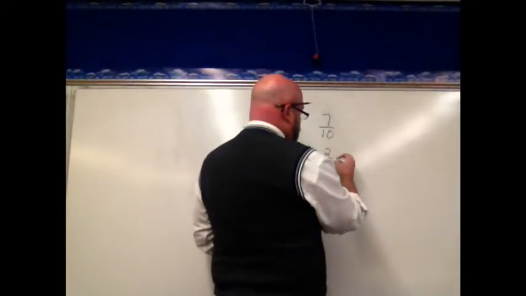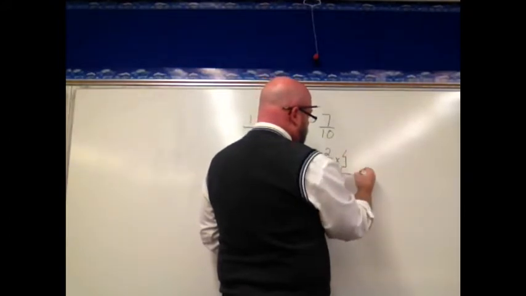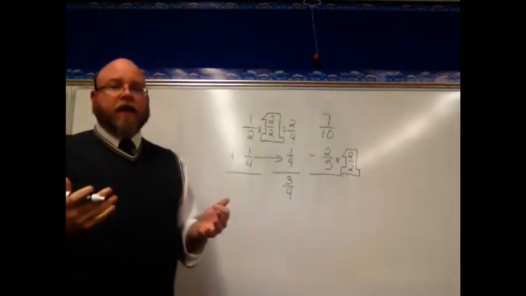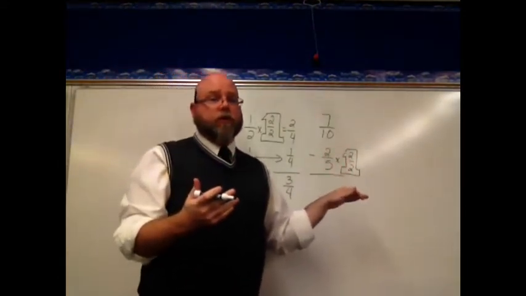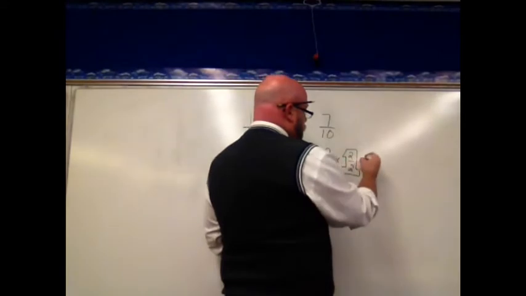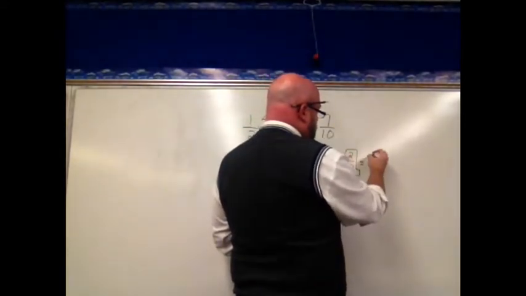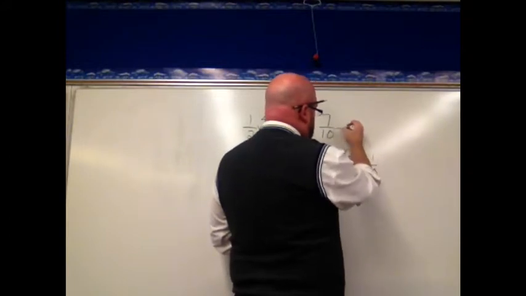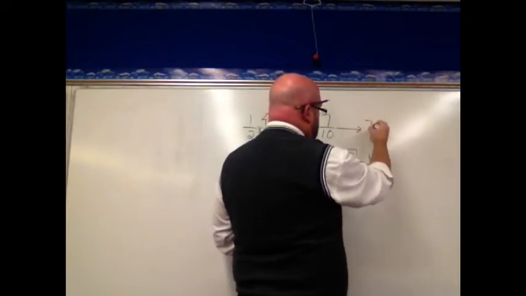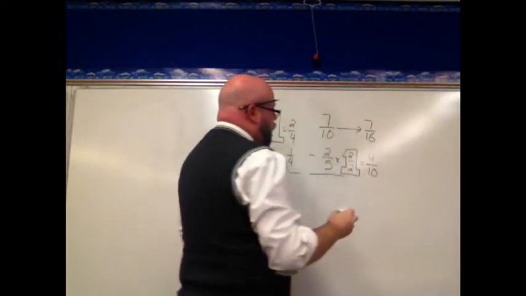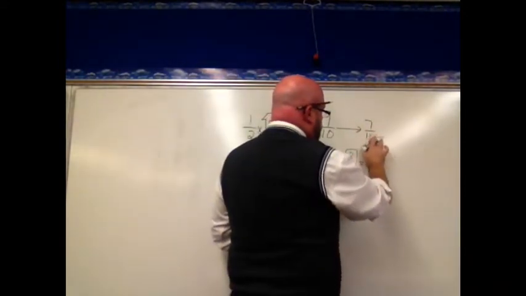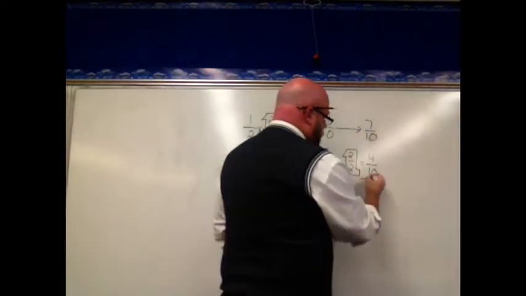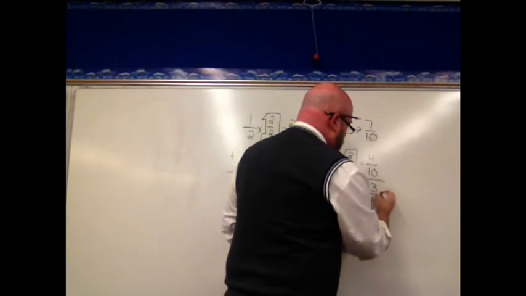When I count by 5s and I get to 10, I can multiply by a fraction equal to 1, 2 over 2. 2/5 times 2/2, 2 times 2 is 4, 5 times 2 is 10. I can bring my 7/10 over. 7/10 minus 4/10 is 3/10.